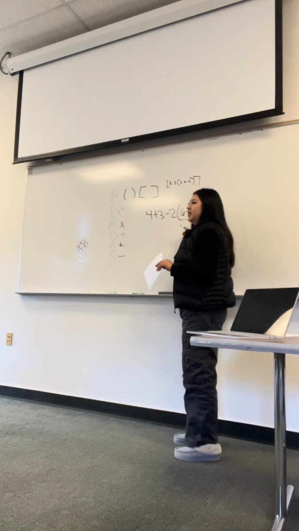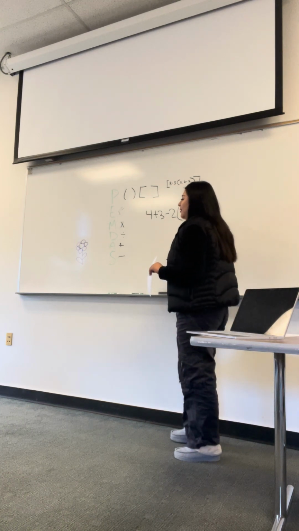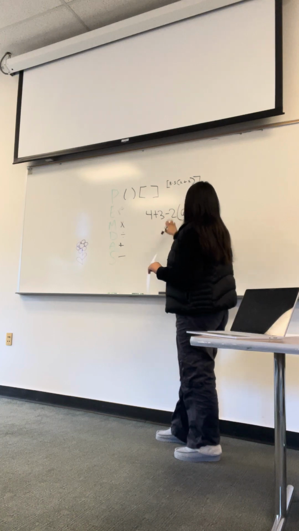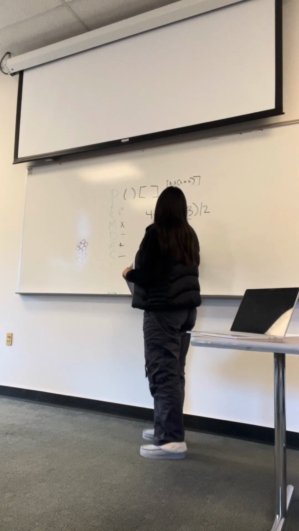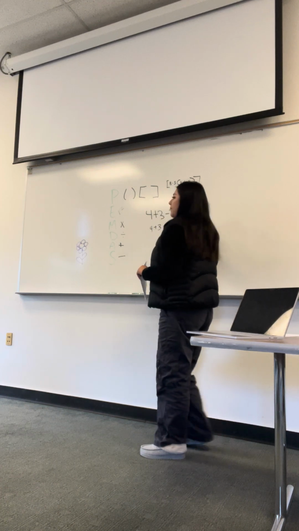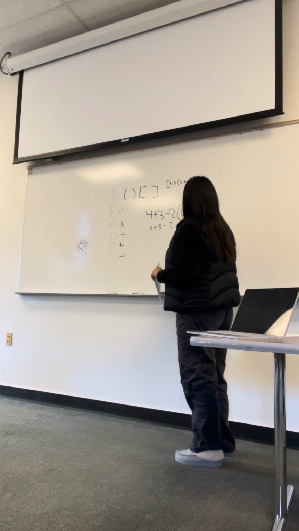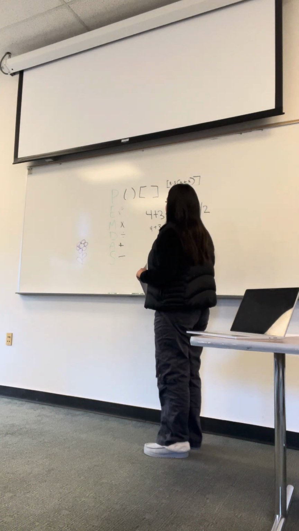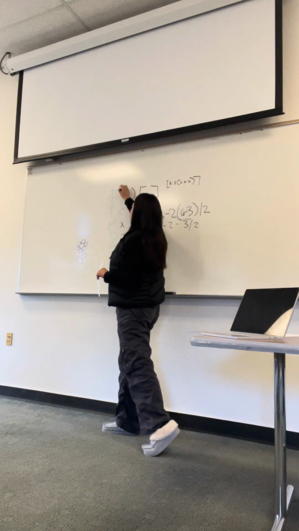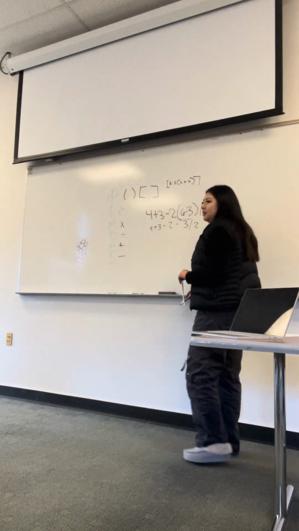So we would be doing that. So we solve 6 minus 3. Caleb, what's 6 minus 3? 3. Good. Okay, so now we just move the whole equation back down. So we can cross out the P because we already did the parentheses.